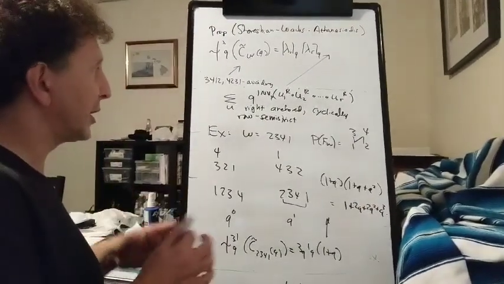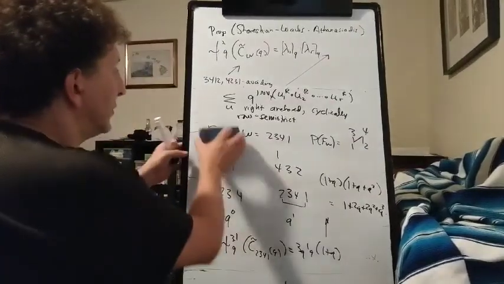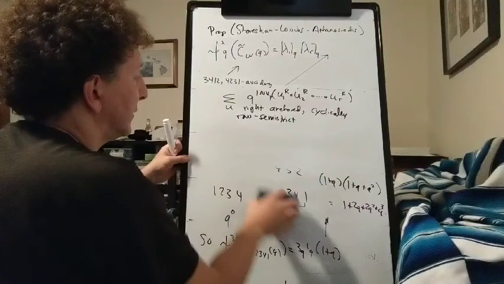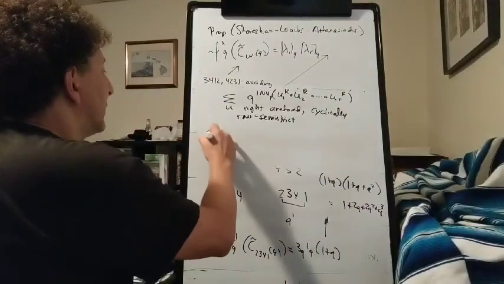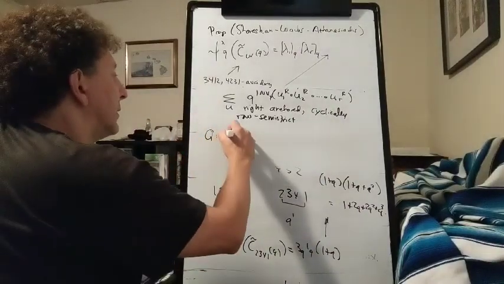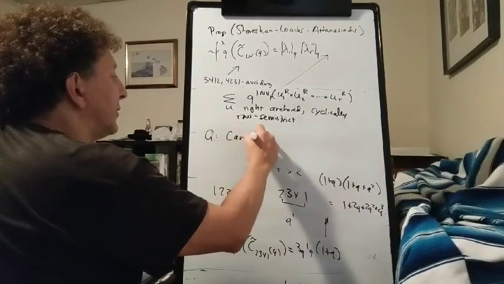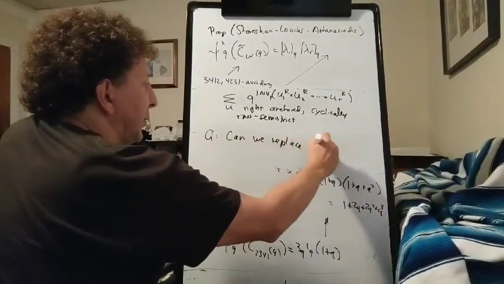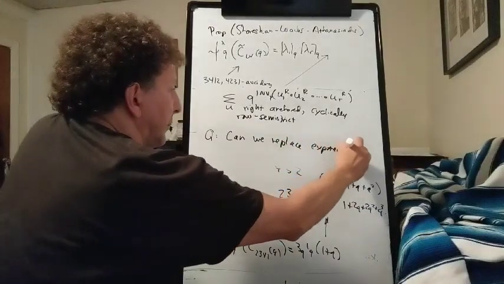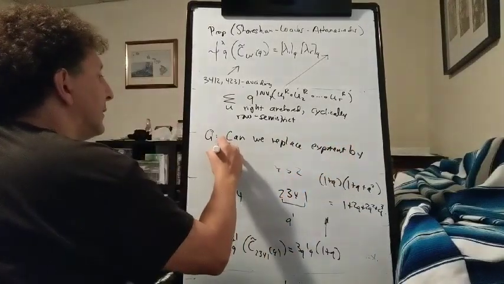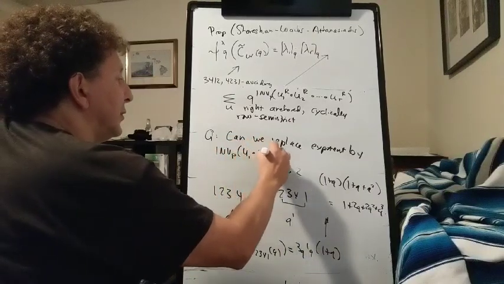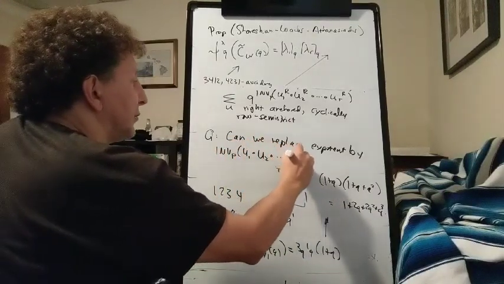Now I wonder a couple of things about this result. First of all, I wonder if we can replace the exponent by P inversions of just U1, U2, up to UR.